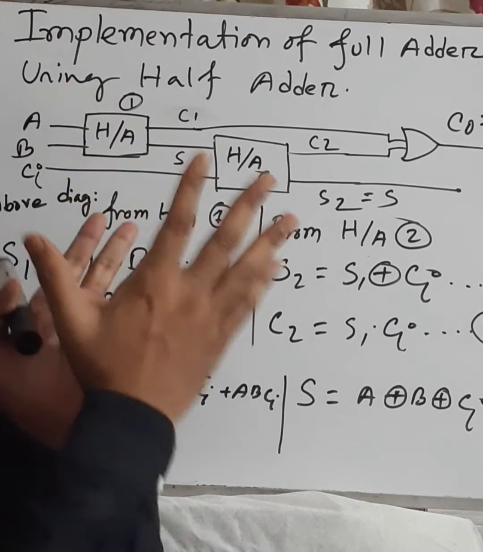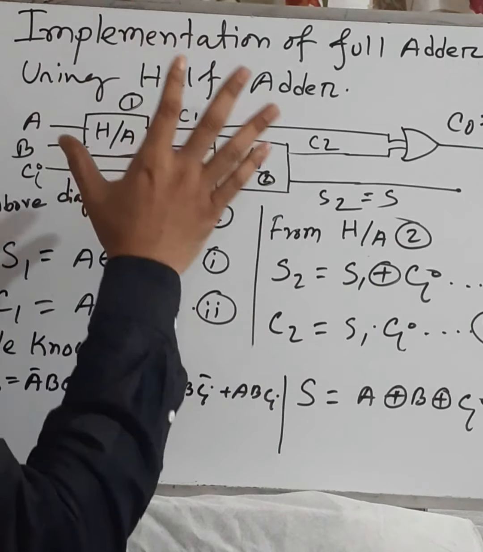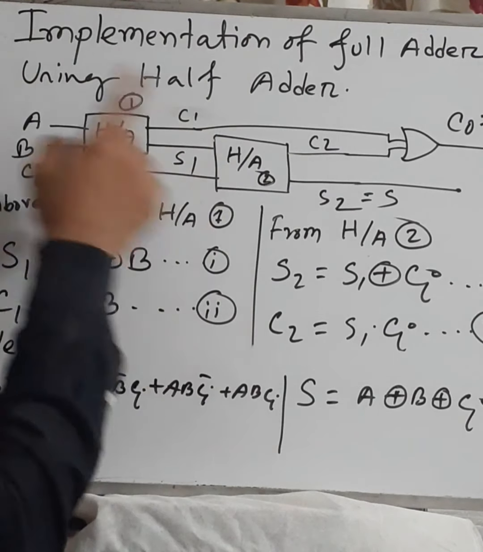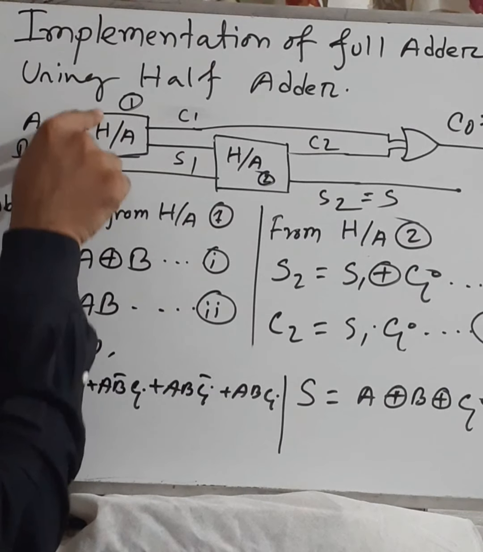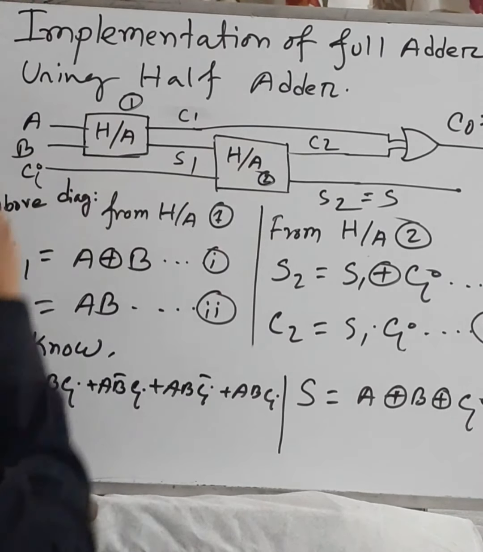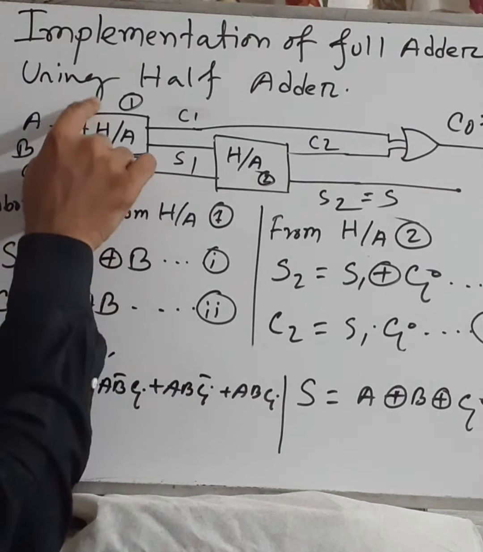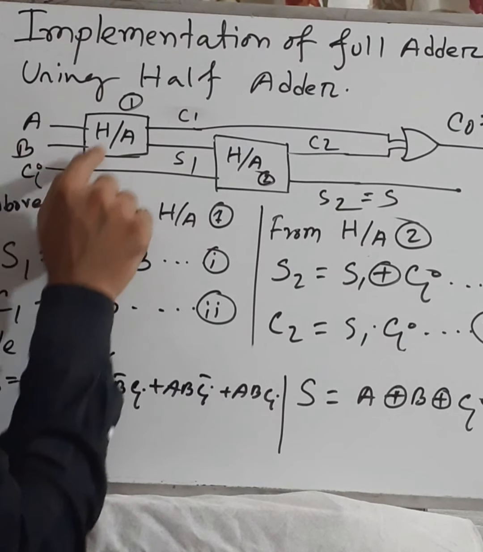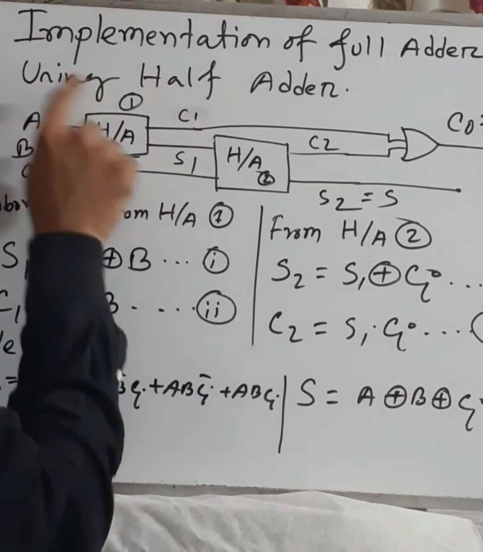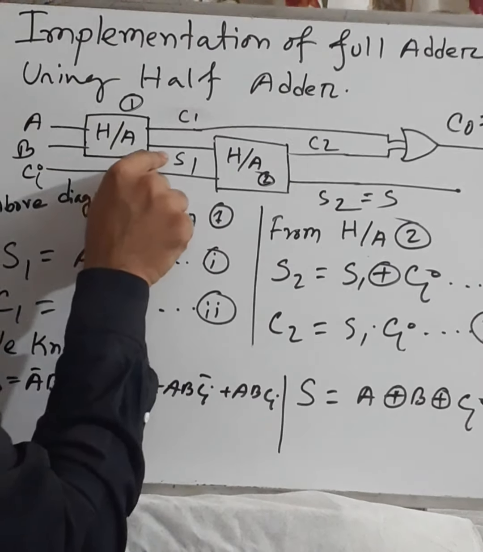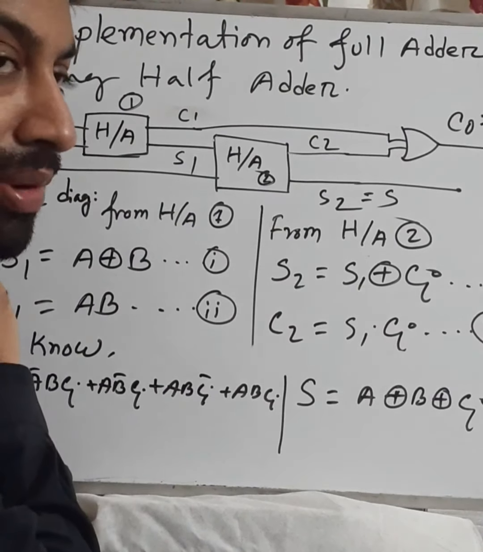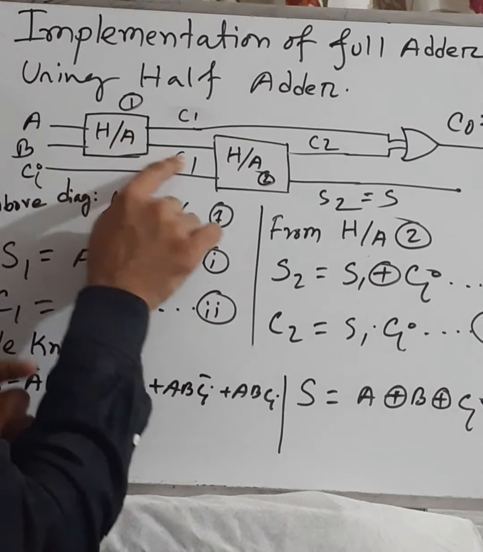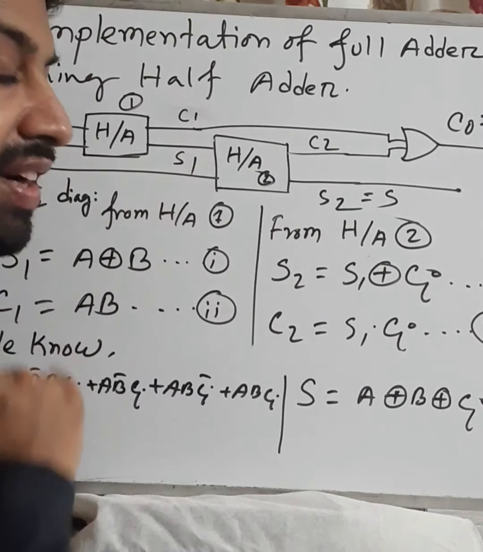Now please come to this diagram. I will make it clear how we implement the full adder using 2 half adders. Please consider the diagram first. This one is half adder number 1, this one is half adder number 2. First of all, A and B are the inputs for the first half adder, and this half adder has 2 outputs: sum 1 and carry 1. I connect the first half adder's sum 1 to the second half adder's first input.